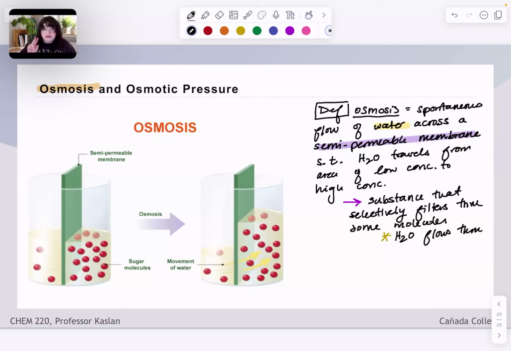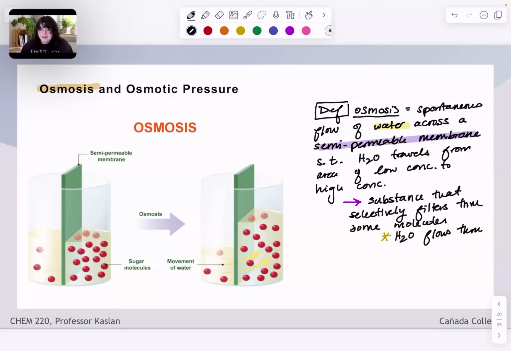Remember, water is pretty tiny when we think about biological systems, it's just got 3 atoms, especially compared to even some solute particles, like in this case, we've got sugar here. We can very obviously consider that maybe water is what's going to be passing through this little filter here. Okay, so we've got a spontaneous flow of water through this semi-permeable membrane.